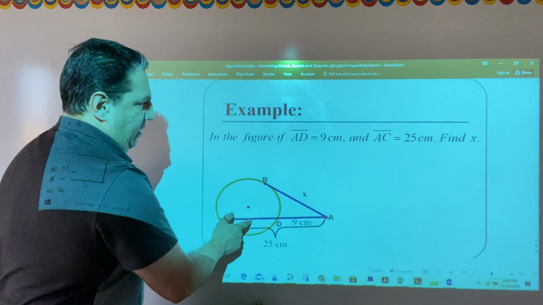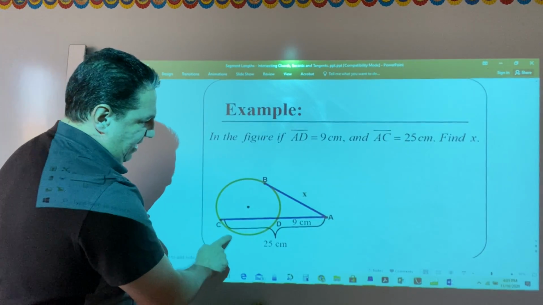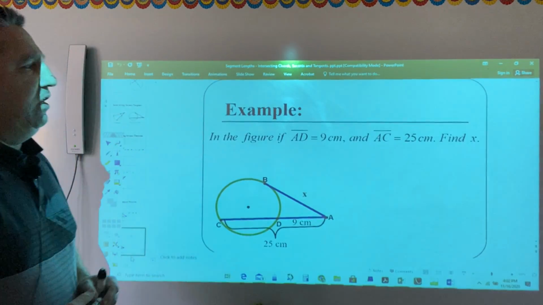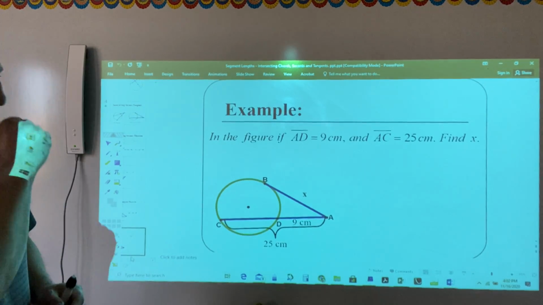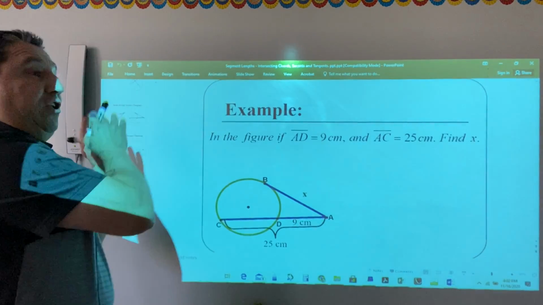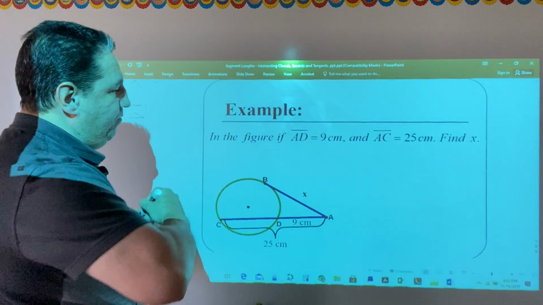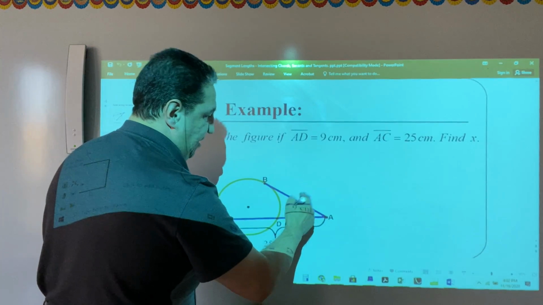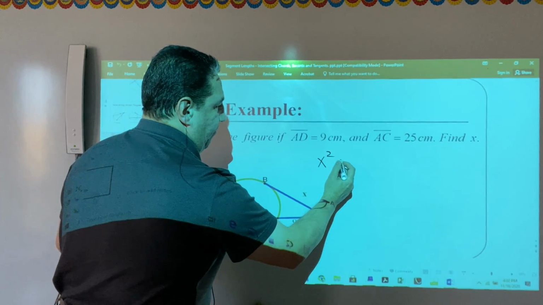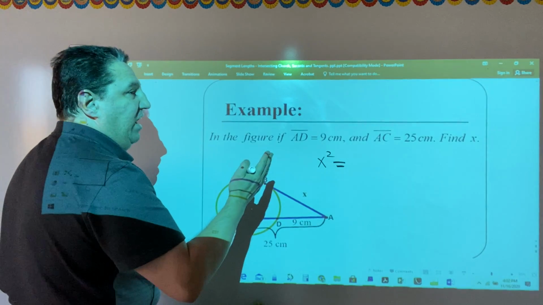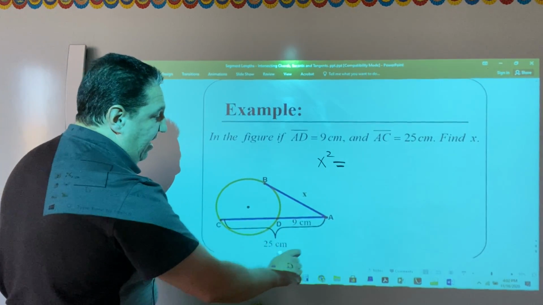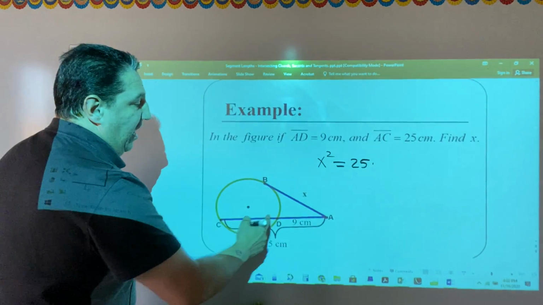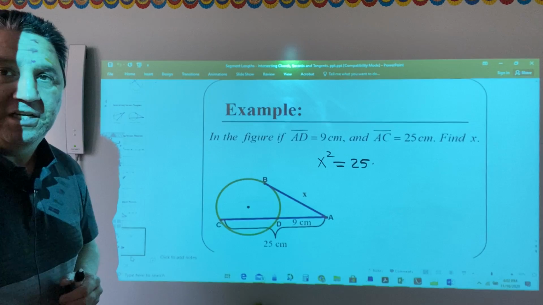In the figure below, if AD equals 9 centimeters and AC equals 25 centimeters, find x. Now, according to the previous slide, the square of the length of the tangent, which is x squared, equals the product of the length of the secant, which is 25, and the length of its exterior segment, which is 9.